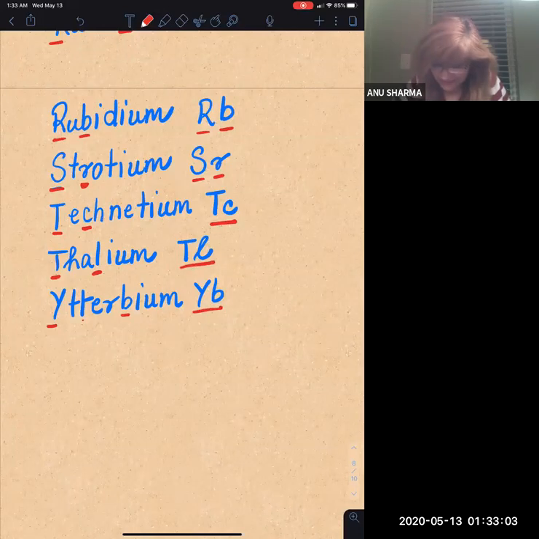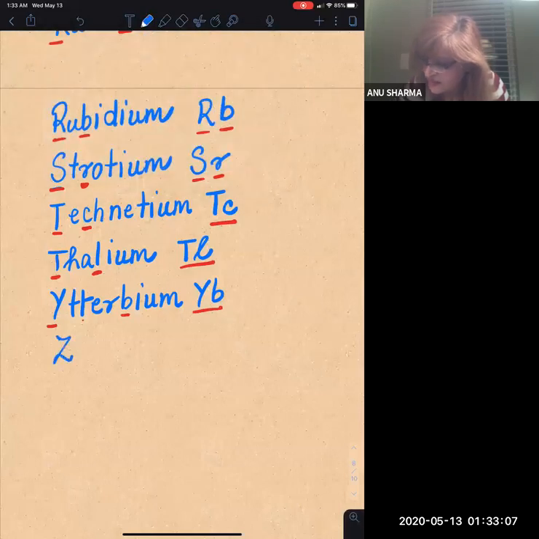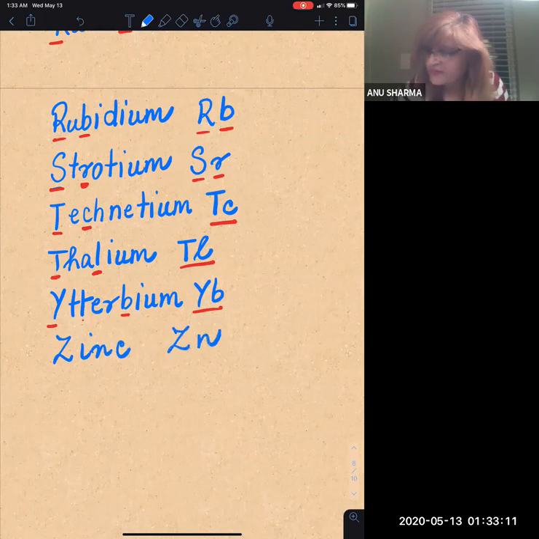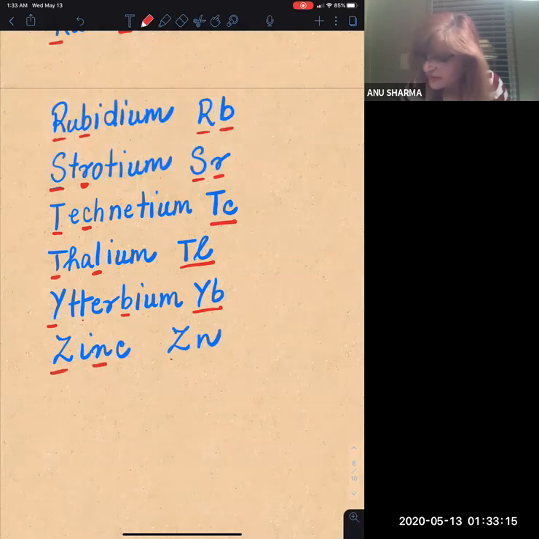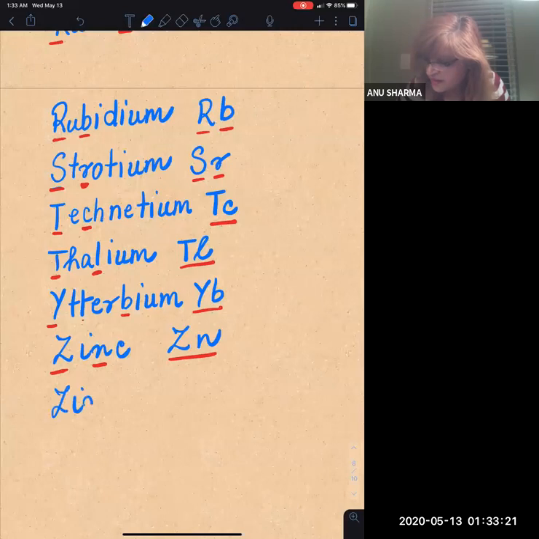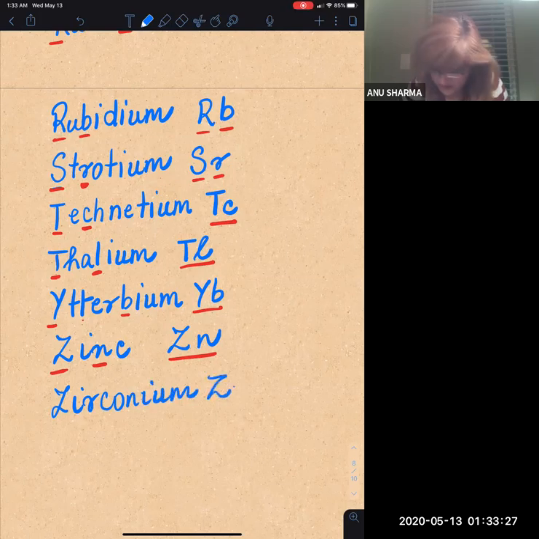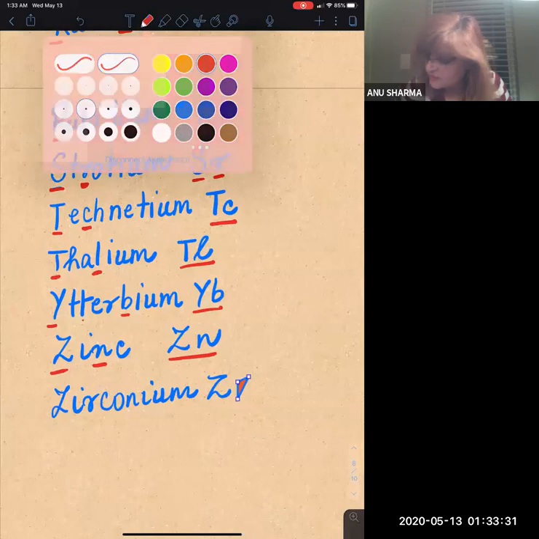And then comes the last interesting one, zinc, Z-I-N-C. And here it is Zn, zinc, right here. Then comes zirconium, Z-I-R-C-O-N-I-U-M. Zirconium is Zr. Okay, it's very expensive.